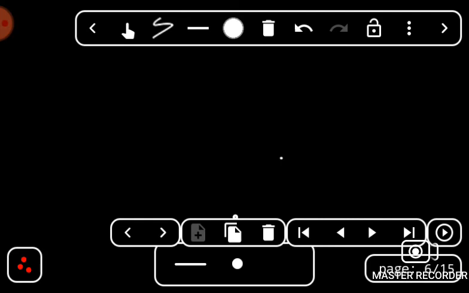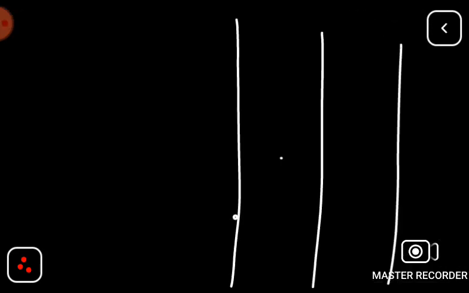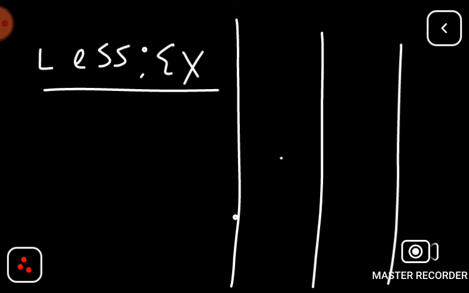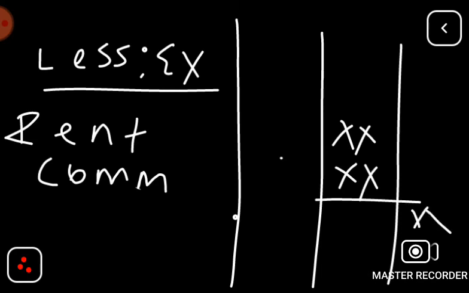Then after that, you're going to subtract, or write less expenses. What are some of the expenses that we know? Rent, commission. So you're going to add them there and have your total expenses.